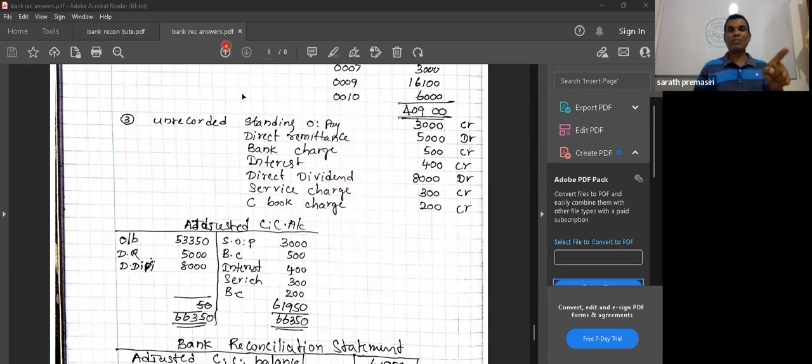Preparing the bank reconciliation statement. Please write it down.